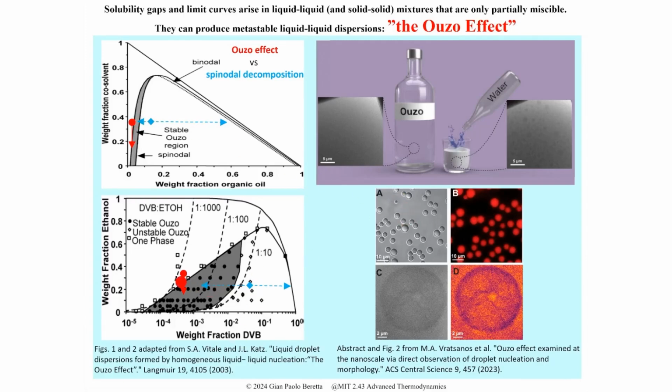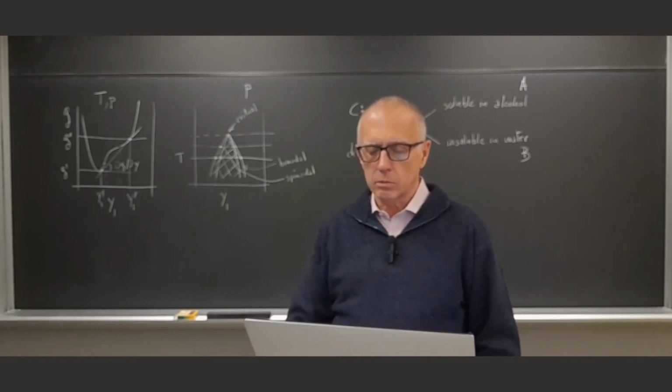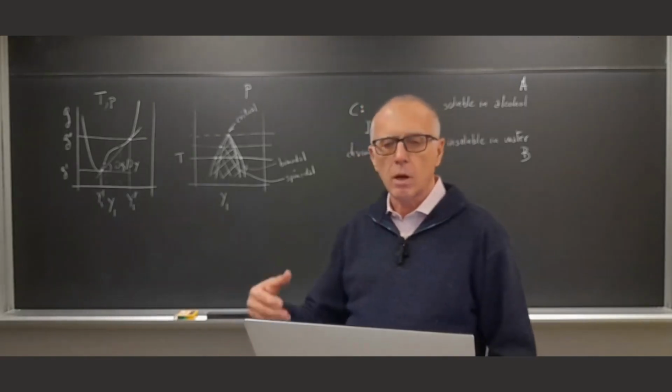Whereas in the Ouzo effect, you produce very small droplets. They remain in a sort of emulsion that is relatively stable. In other words, it survives hours.